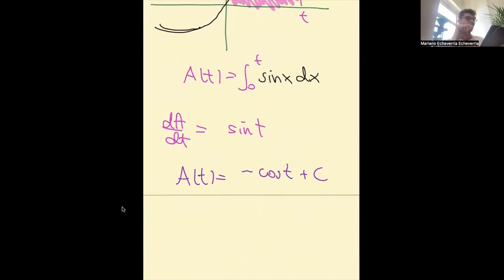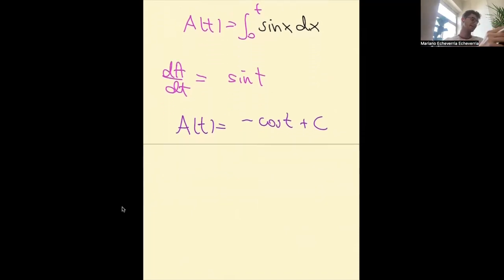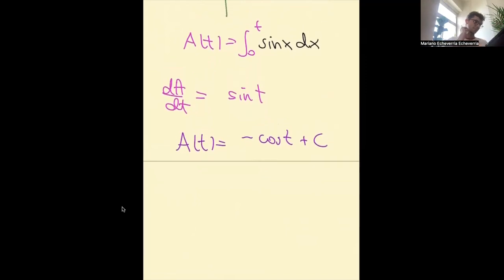Yeah, that's good. And there could be a constant here, because if you add a constant to this, it still gives you the same derivative. So what that means is that the area function has to agree with minus cosine of t plus c.